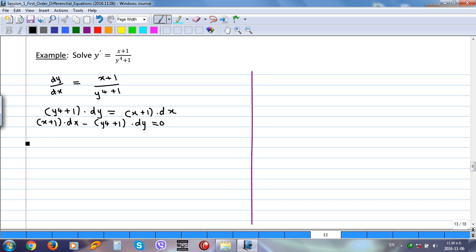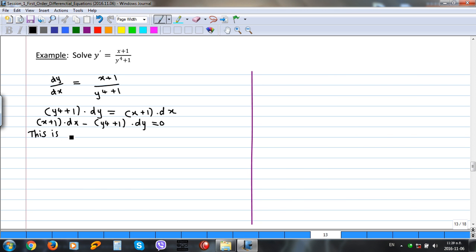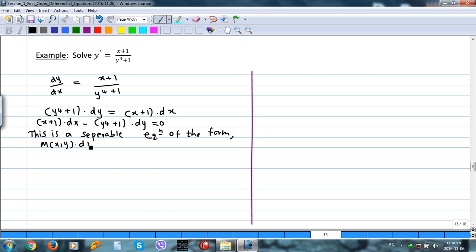Then that means this is a separable equation, an equation of the form M(x,y) dx + N(x,y) dy = 0.